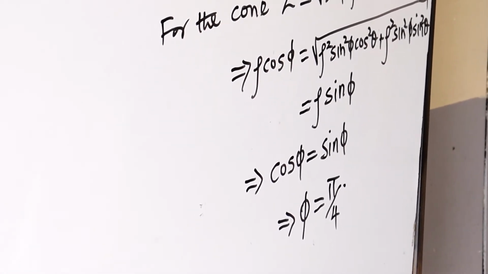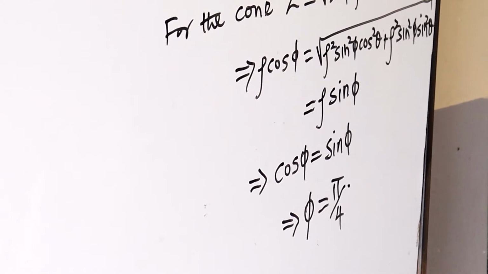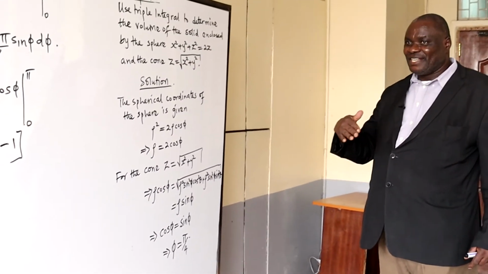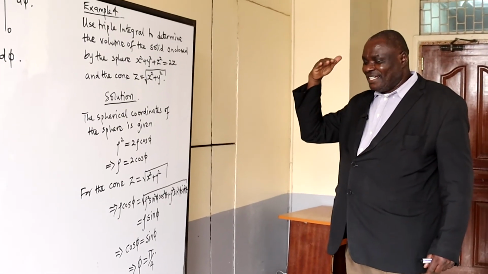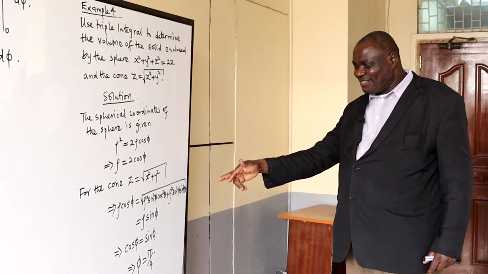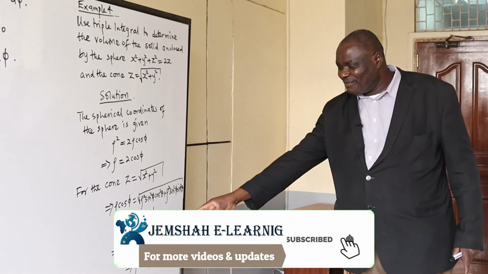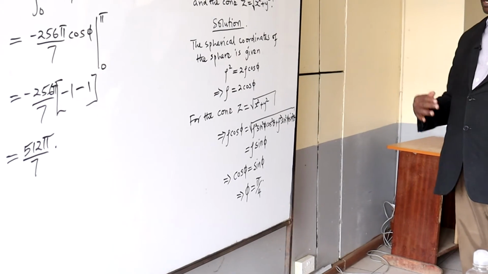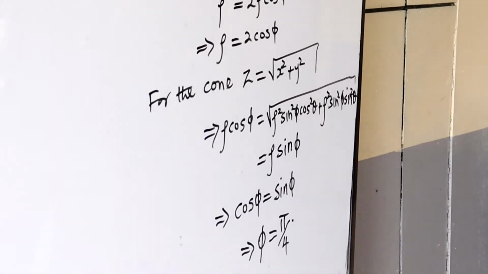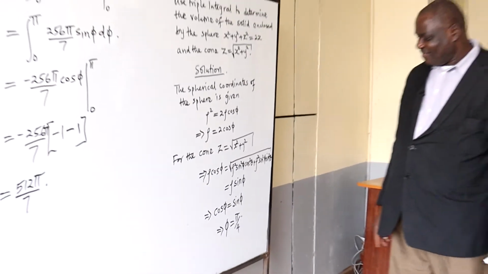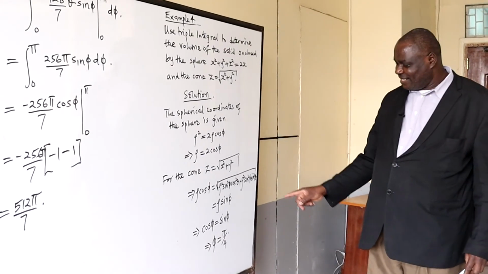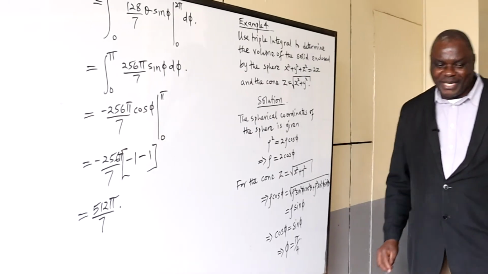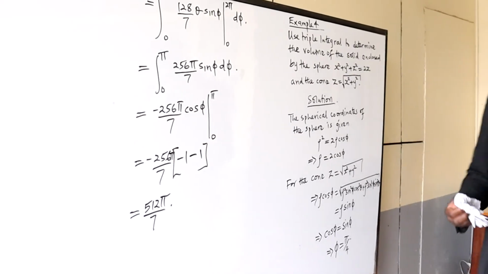When cos phi is equal to sine phi, the only angle above the xy plane that satisfies that equation is when phi is equal to pi all over 4, because the other one will be below the xy plane. So from here we can now compute the volume.